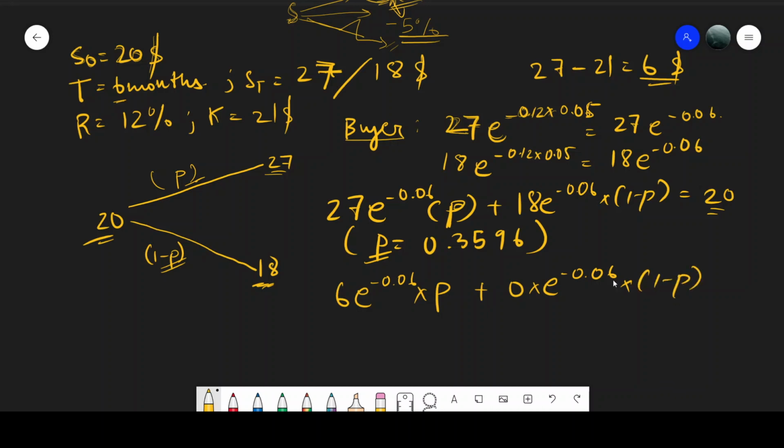This is again just simple expectation, which you know from your probability distributions. I'm discounting the future value of my profit to the present value and multiplying it with the risk neutral probability measure. If it goes up, I make $6. If it goes down, I don't make anything. So this is naturally 0. And when you multiply this with the value of P from here, you get the value of the option as 2.032.